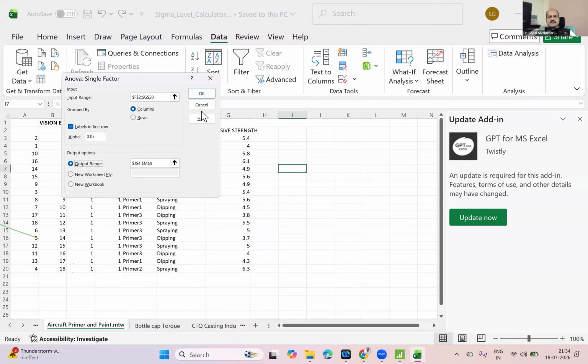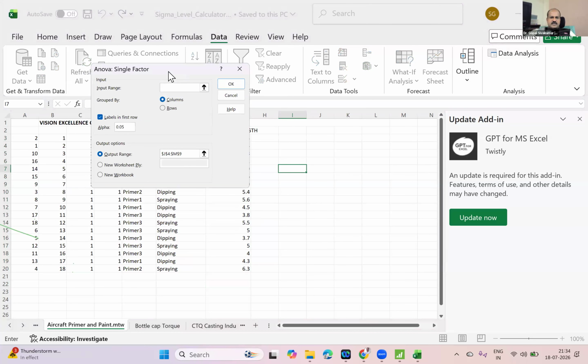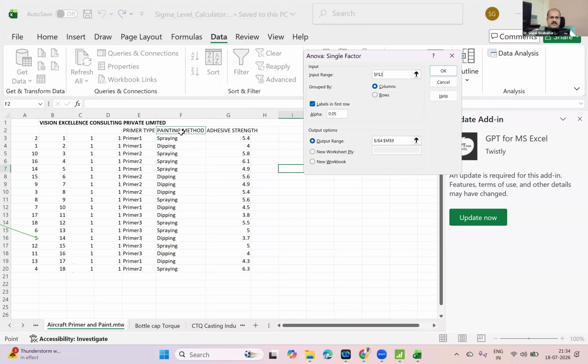Data analysis, ANOVA single factor. Input range is painting method, adhesive strength. Label in first row. Output somewhere here.